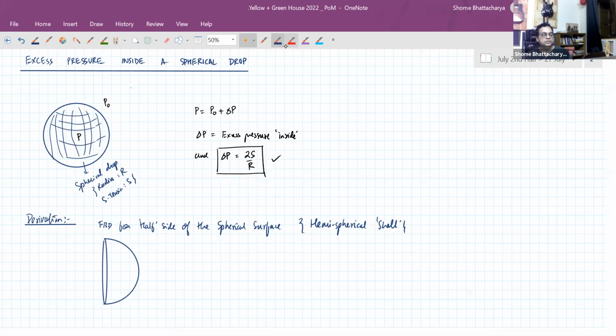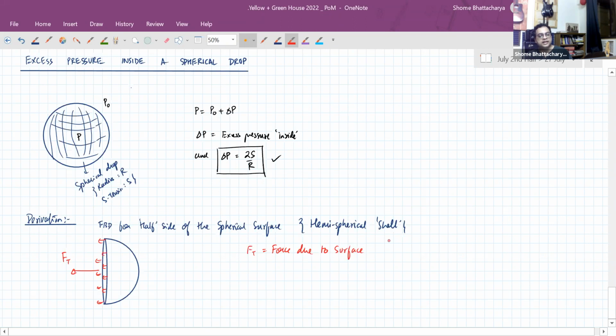made of liquid molecules. So this part of the surface, or this part of that shell, will experience force due to surface tension. That net force will be like this. So this is force due to surface tension.